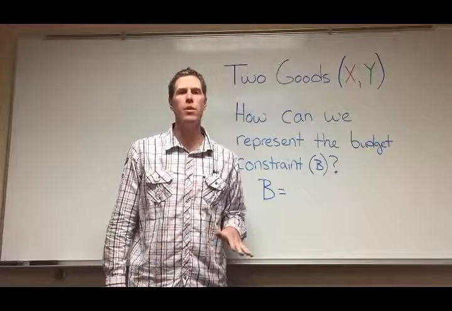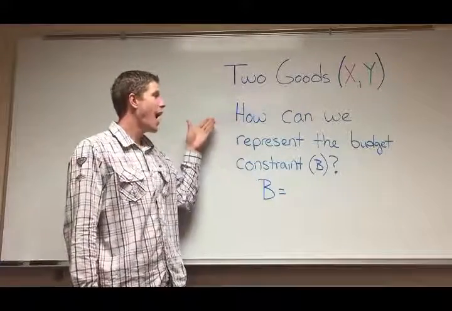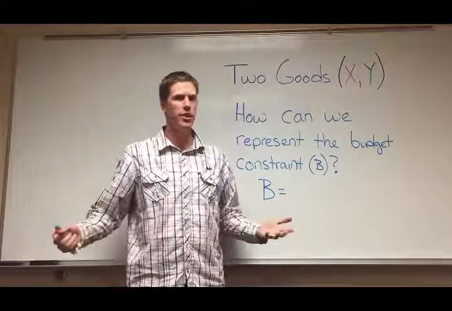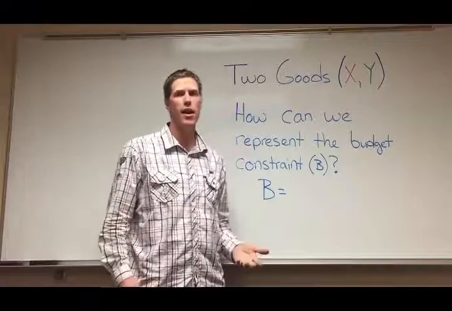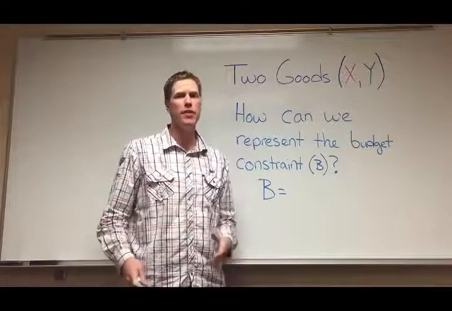Okay, so the first thing that we're going to do is ask the question, how can we represent this budget constraint if we have two goods, X and Y? B is our budget constraint.